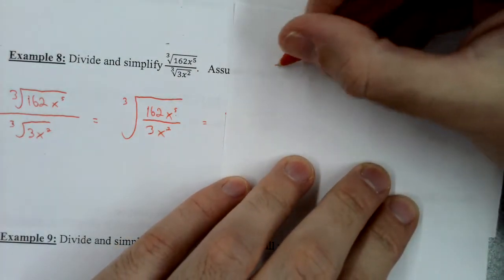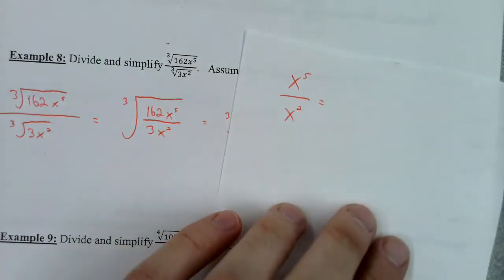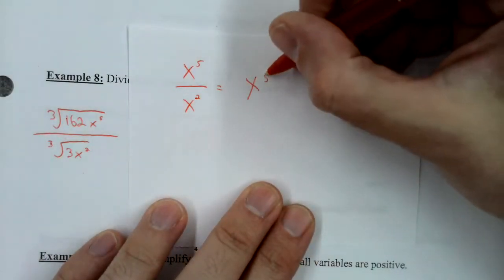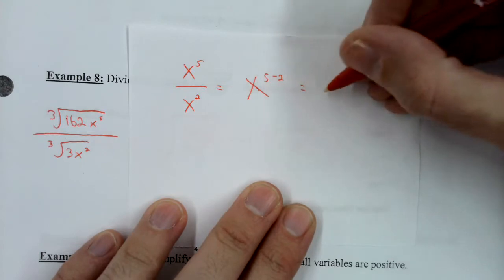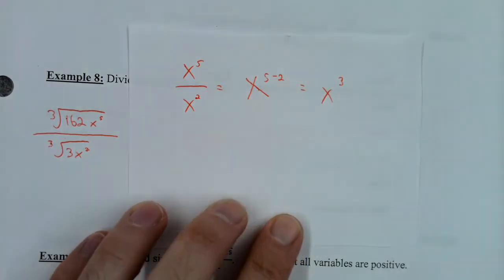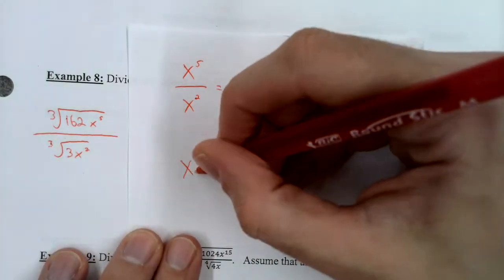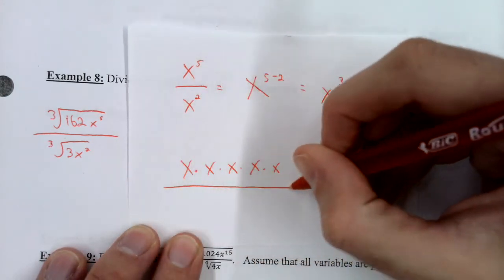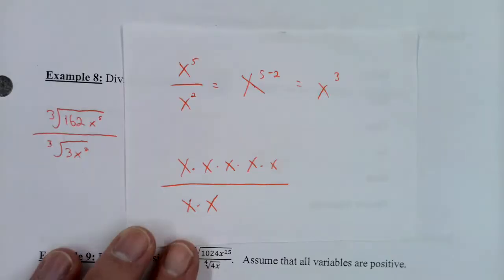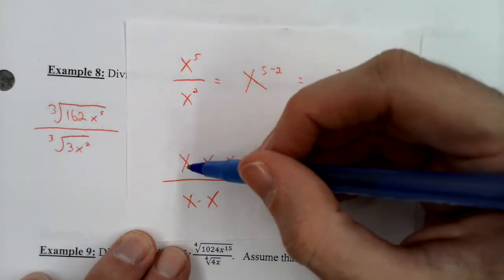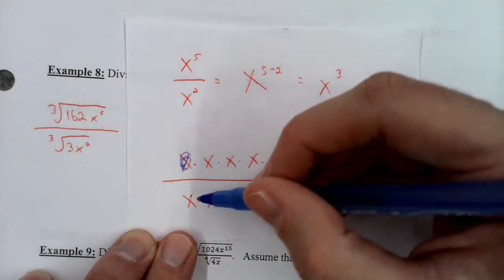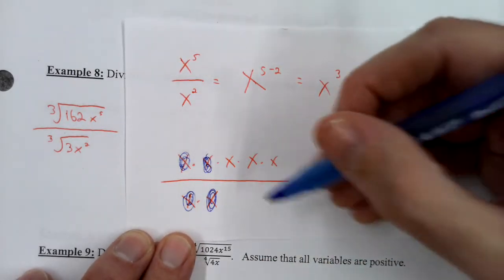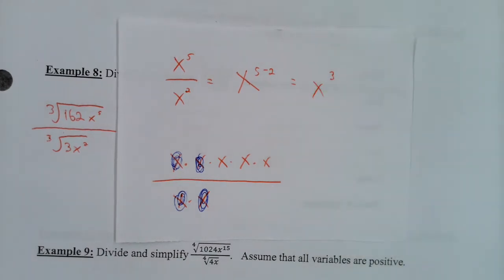Just to show you, x to the 5th divided by x squared, this equals x to the 5 minus 2 equals x cubed. If you think about it, it makes sense. X to the 5th divided by x squared: this x divides out with this x, this x divides out with that x, so you're left with just 3 x's. That's why you subtract the exponents.